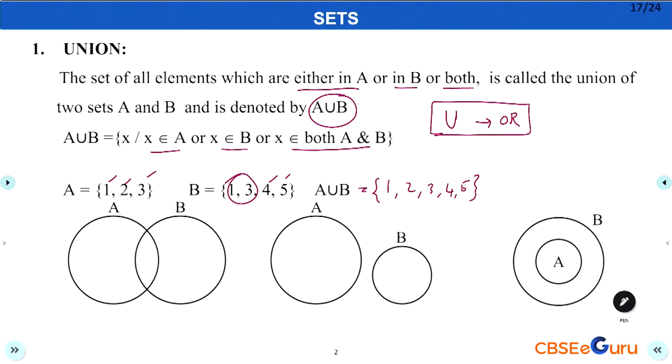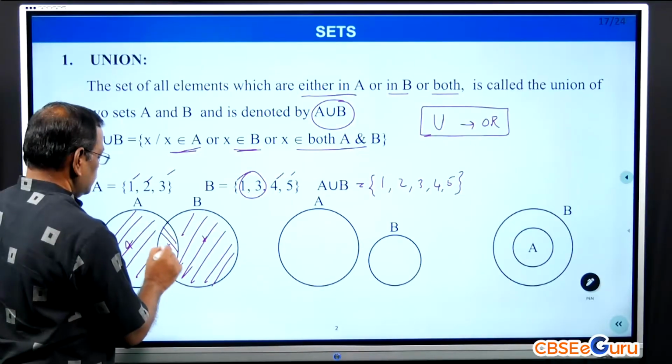Now, how to shade A union B? What is the definition? Either in A or in B or in both. Either in A, shade this area, or in B, or in both.